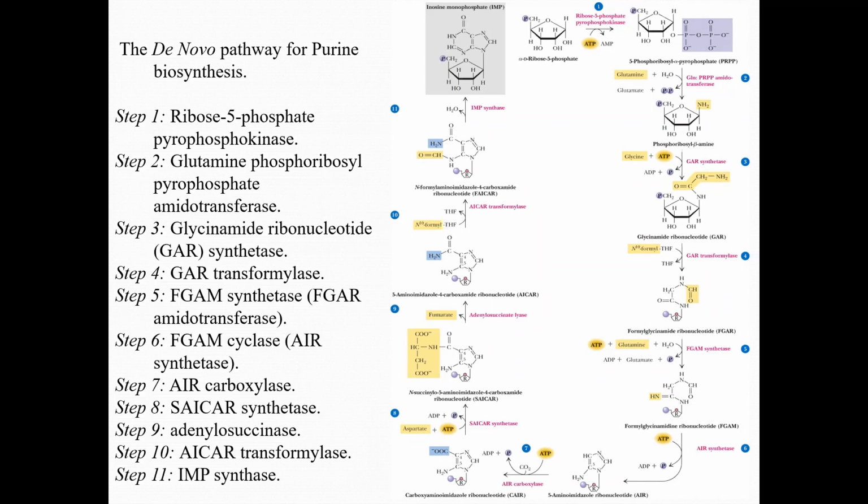to AMP and GMP. So the first step actually here is catalyzed by the enzyme ribose 5-phosphate pyrophosphate phosphokinase.